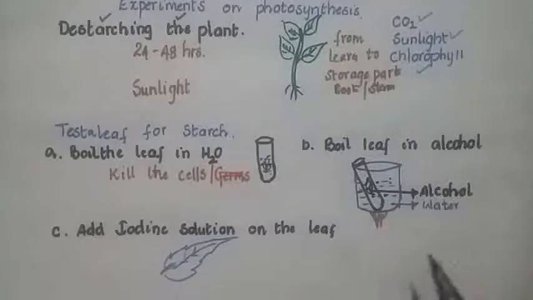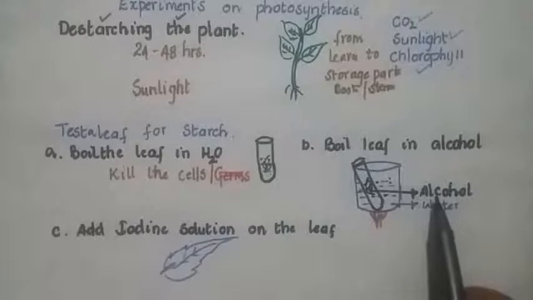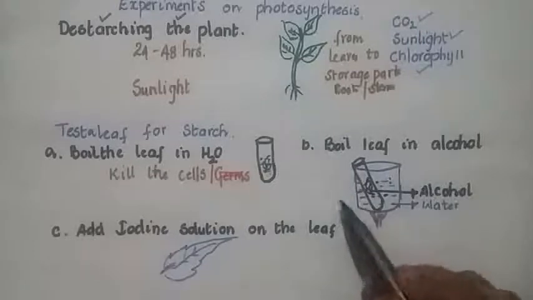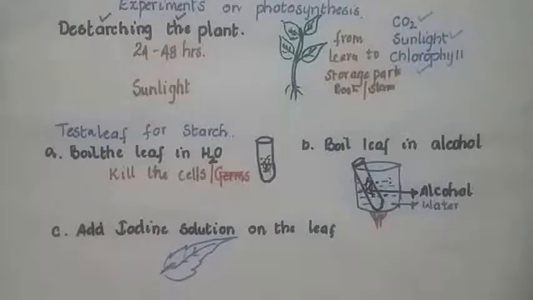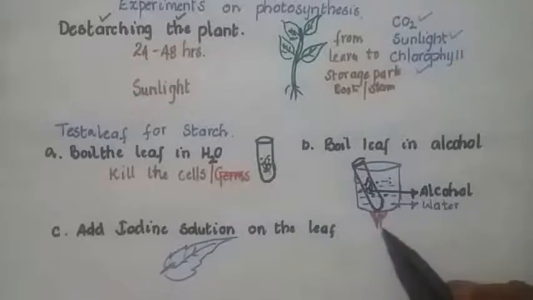If you directly hold the test tube onto the flame of the Bunsen burner, you know that alcohol is a combustible substance. If this alcohol spills out, there are chances that alcohol may fall on the flame, which may lead to accidents.